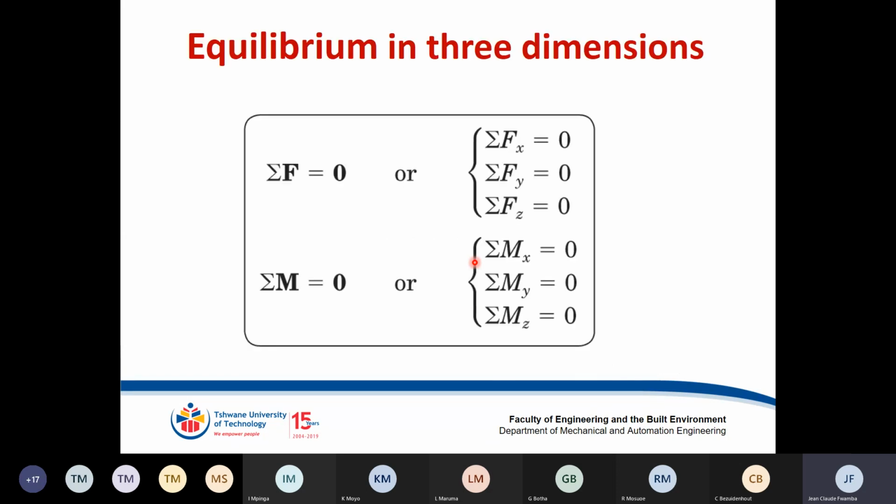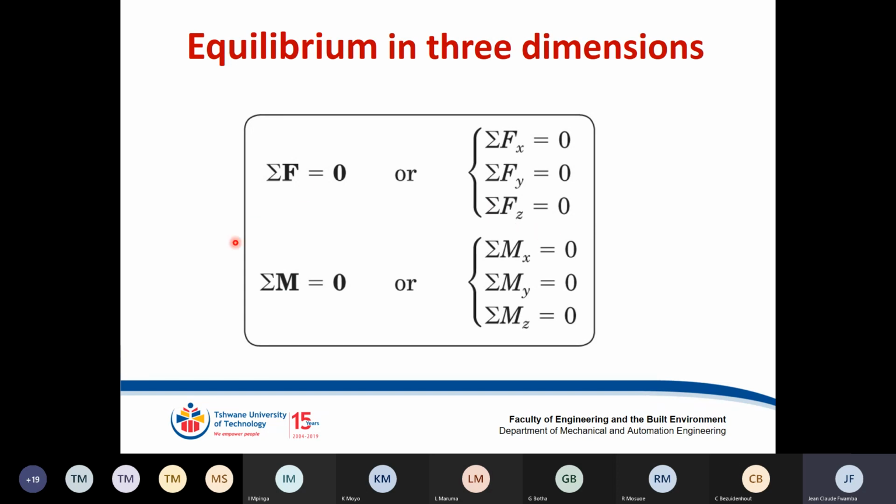Now in 3D, those equations are still applicable. The only difference is we now need to bring in the z-axis. So the sum of forces in x equal to 0, sum of forces in y equal to 0, and now we bring in the third axis, the z-axis. The sum of forces on the z-axis is equal to 0 as well.